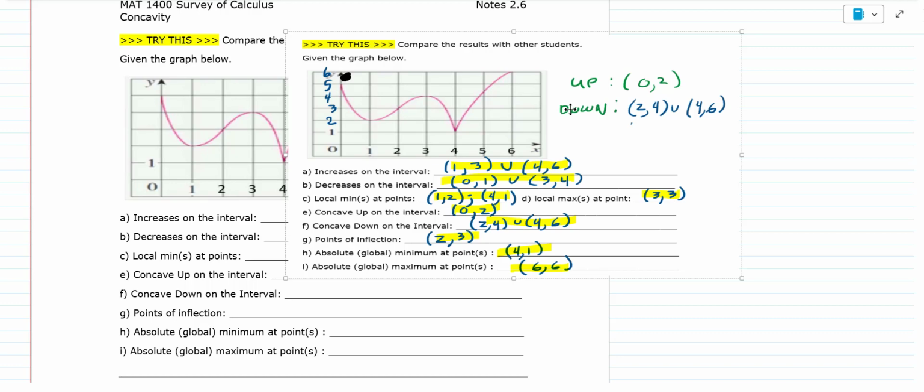That is your only inflection point on that problem. This is not an inflection point because the graph didn't change its concavity. You're down, and then you're still down. So that point is not an inflection point. It's got one inflection point. That's it. Okay? Think you got everything done?